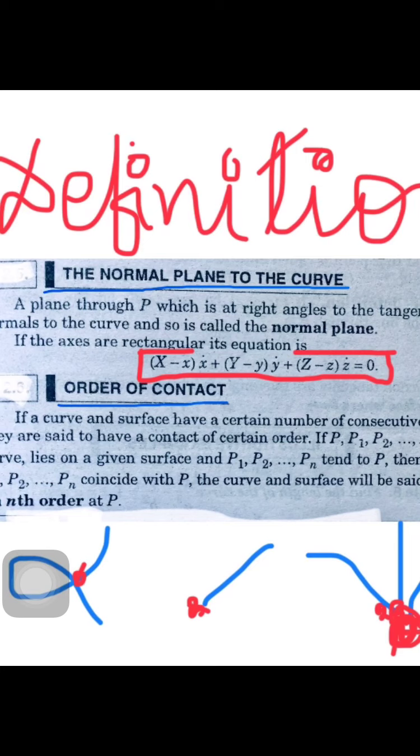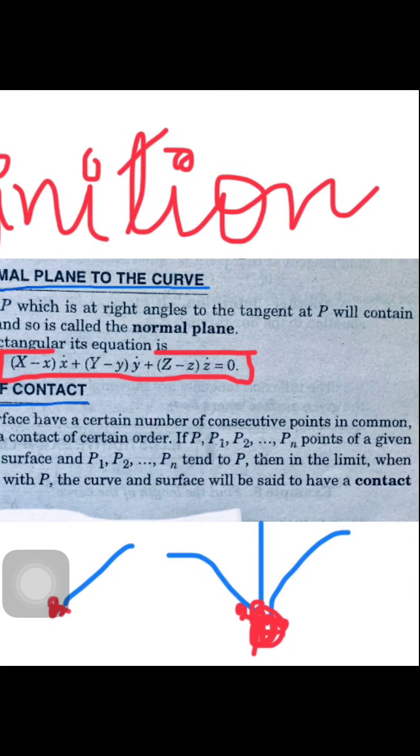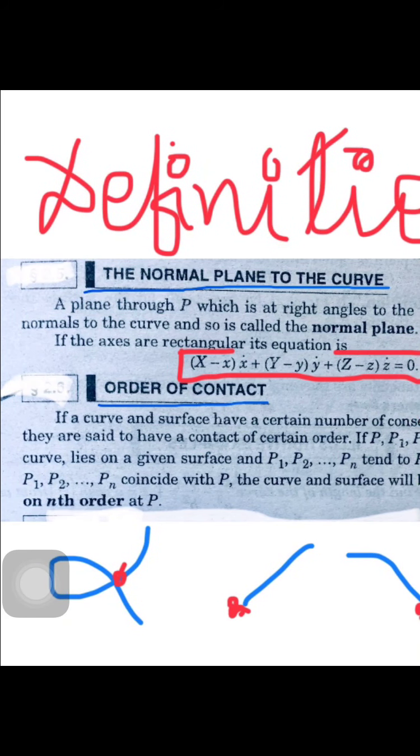Using this fact, what we have defined here, because we need the normal plane, is a plane through P which is at a right angle to the tangent at P, will contain the normal to the curve, and so is called the normal plane.